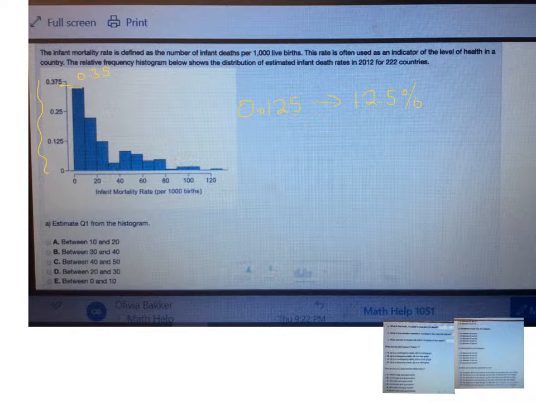And so if you add them all up, the first bar seems to be 0.35. The next one looks like it's maybe around 0.2. The next one is almost lined up with the 0.125. I think it's maybe a little bit below that. It's hard to tell, really. This graph is not ideal in terms of being able to read the information exactly.